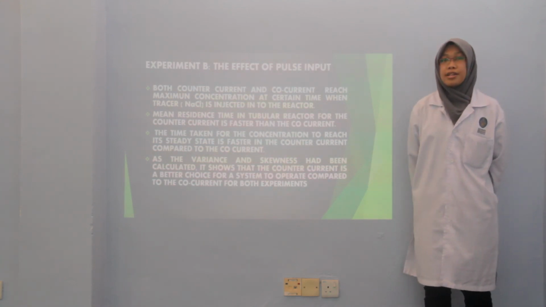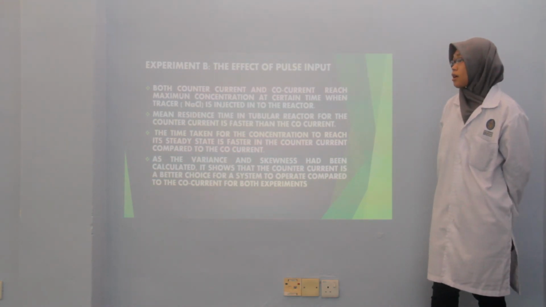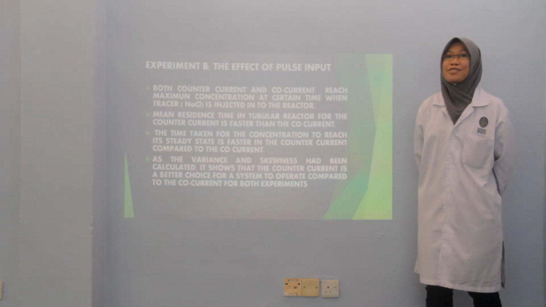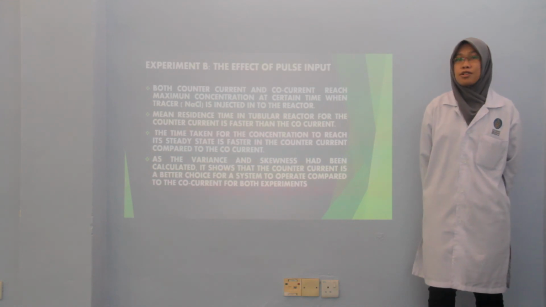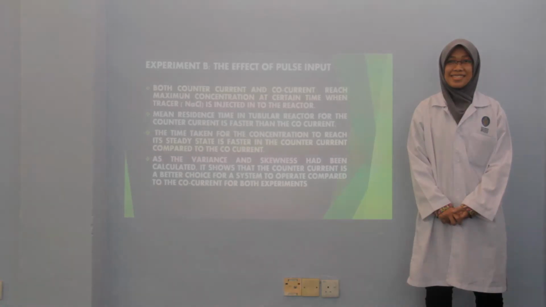From the variance and skewness that have been calculated, we found that the counter current is the best choice to operate the system compared to the co-current for both experiments. Okay, thank you.